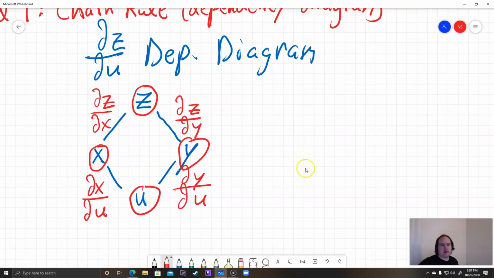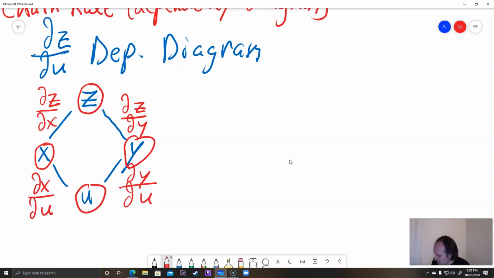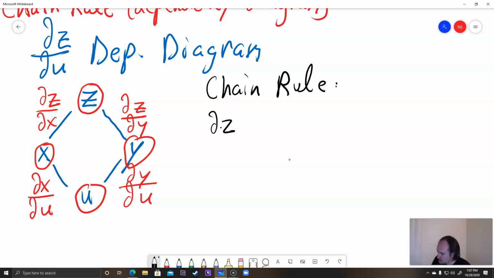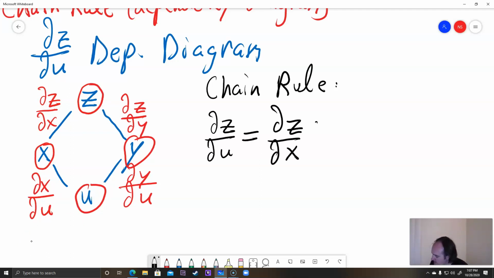Okay, so that's going to enable us to write out the chain rule, using this dependency diagram. First we trace down the left side. So partial z, partial u equals, tracing down the left side starting at the top, partial z, partial x times partial x, partial u.